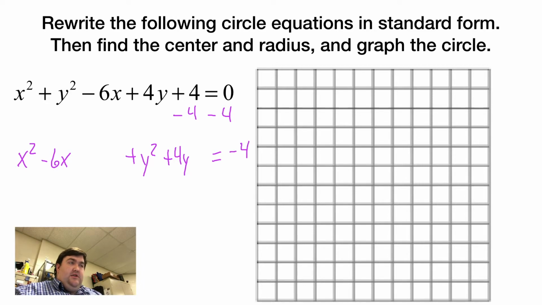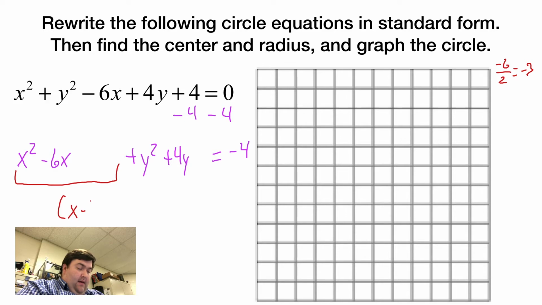And so now what I would do is first complete this square, so half of -6 is -3. That means it's going to become x minus 3 squared, and then -3 squared is 9. So I would say plus 9. So I'm adding 9 to both sides.